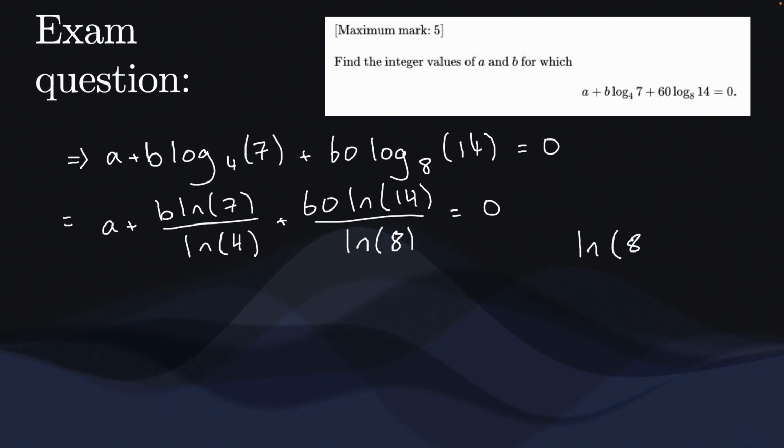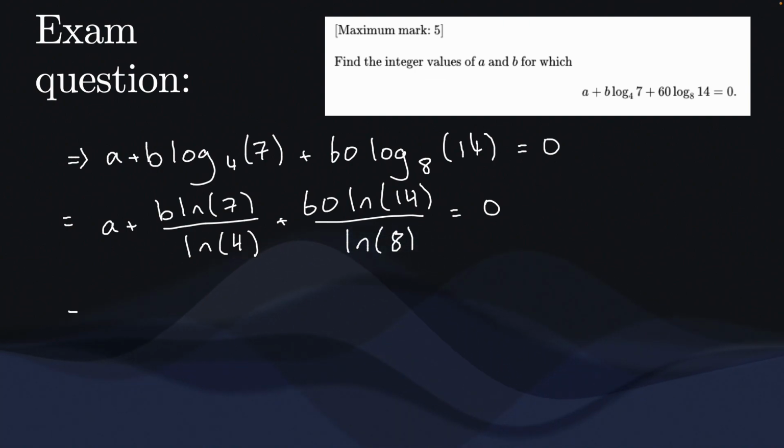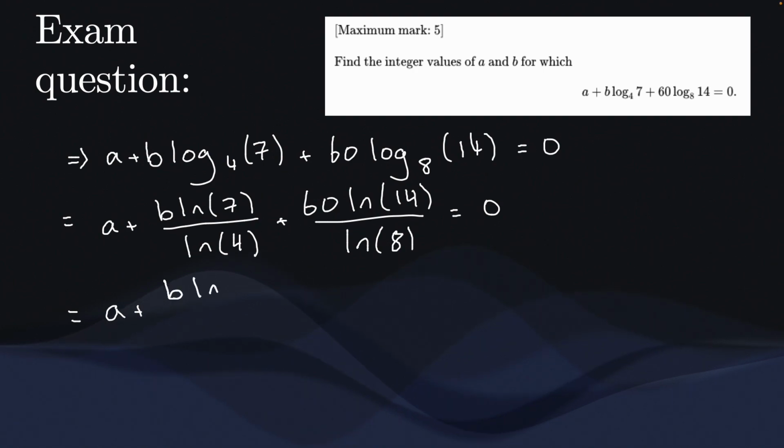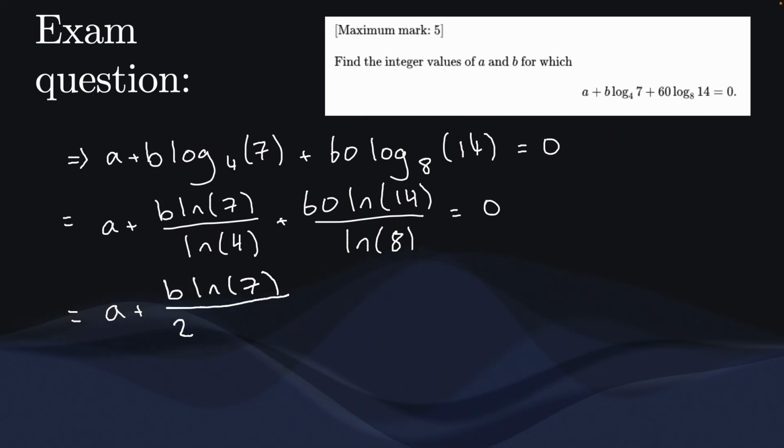So we can rewrite this saying that it is equal to (a plus b) ln of 7 divided by, remember what ln 4 was, 2 times ln of 2.